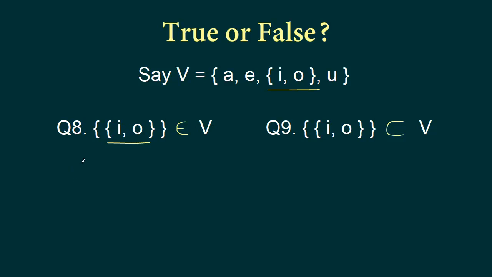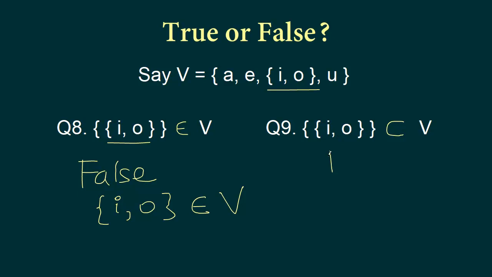This answer is false, because we know that our set that contains I and O belongs to V. But if we put a set containing this element, now that set will be a subset of V. So this will be true.